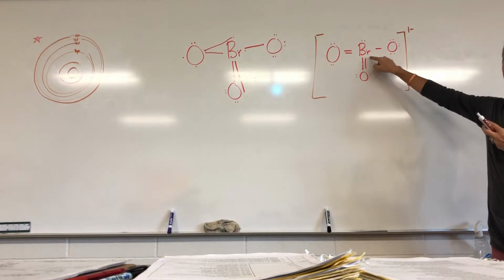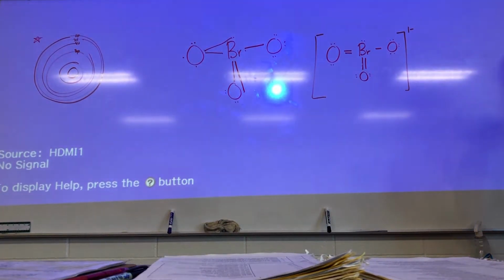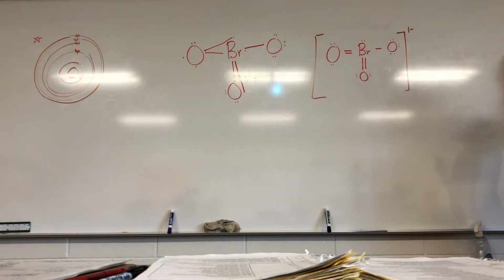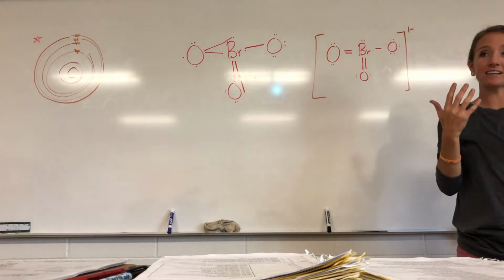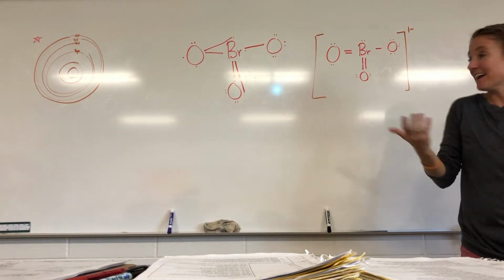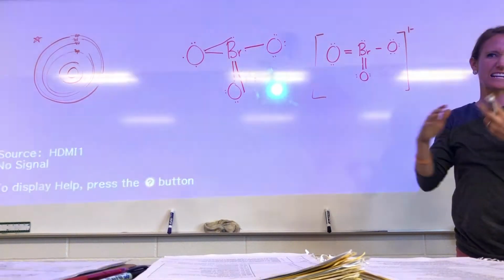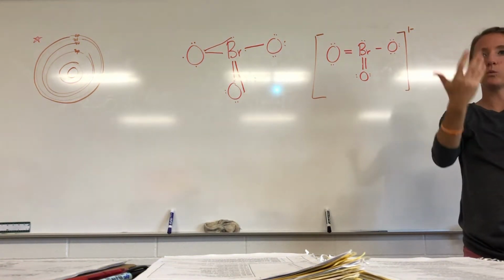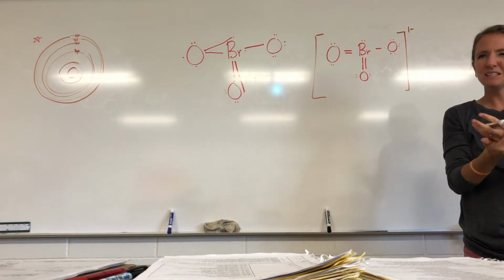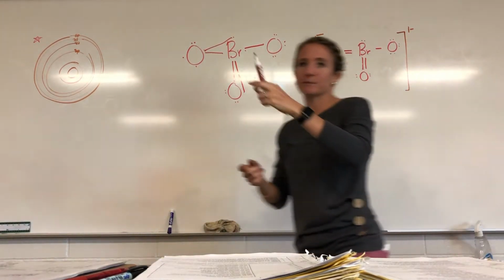So technically in other cases, when bromine is on the outside, it doesn't expand its octet. Only the central atom will. So in this case, once all my oxygens have their octet, I have to be done. This has to be what it looks like, because it's the only way it works for all the oxygens to be satisfied with what they have. Does that make sense? We'll do another example of an expanded octet too.